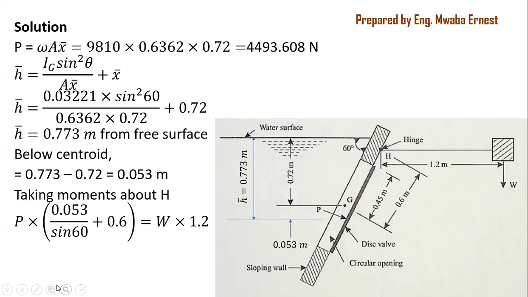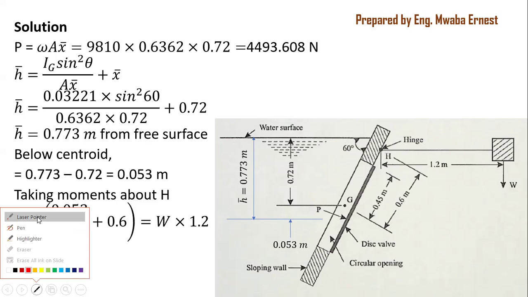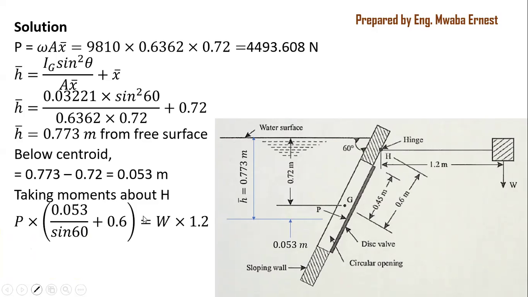But what is missing? Let me grab a pen. We already have the vertical distance, but what is missing is this distance from there to there.